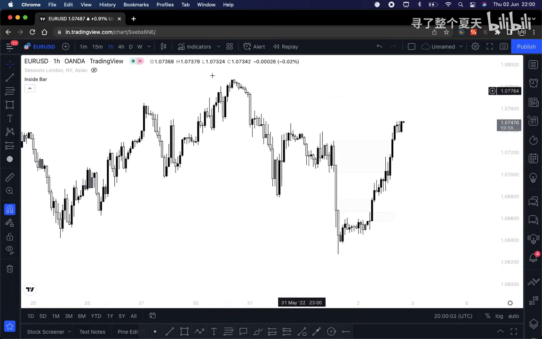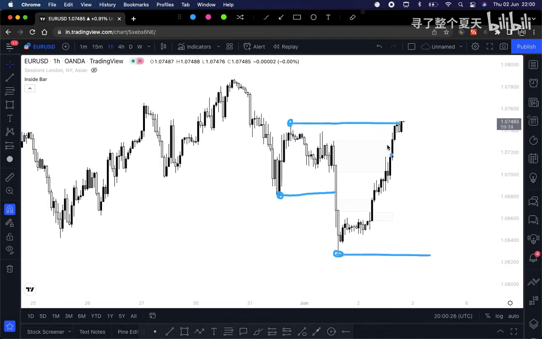So if you understand swing structure and internal structure, we can clearly see that we still have this highest point here that led to the creation of this low. It correlates with whatever is happening on the M15, right? That's my swing structure. So my trading range is from this high to this low. Whatever happens in between is classified as internal structure.